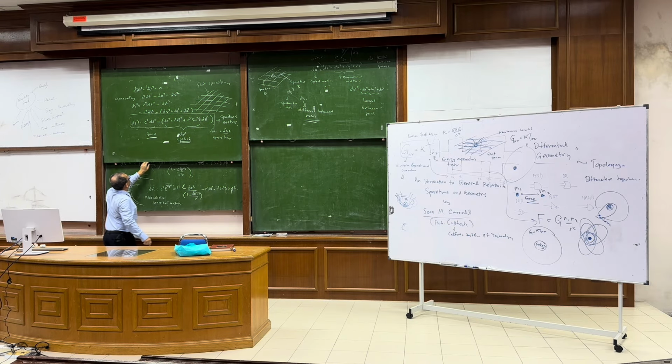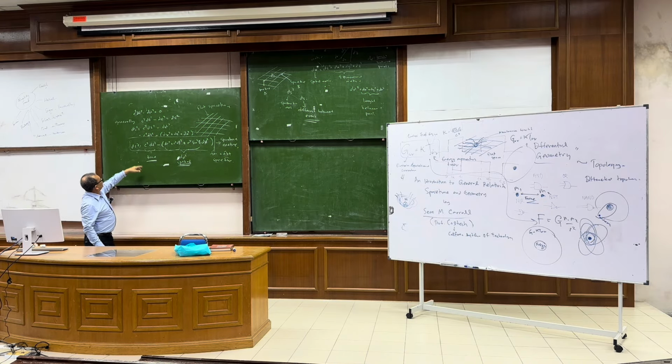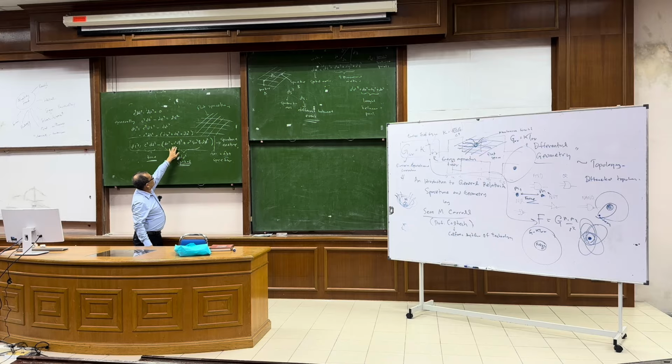Look at this space-time metric: we have ds squared, dt squared, dr squared, minus dr squared, minus r squared. The components are r, theta, phi, and time: time and space, r, theta and phi.